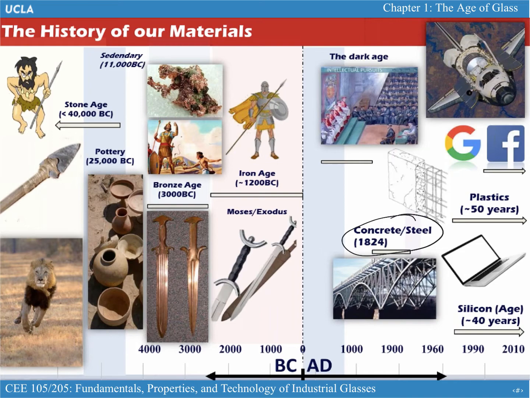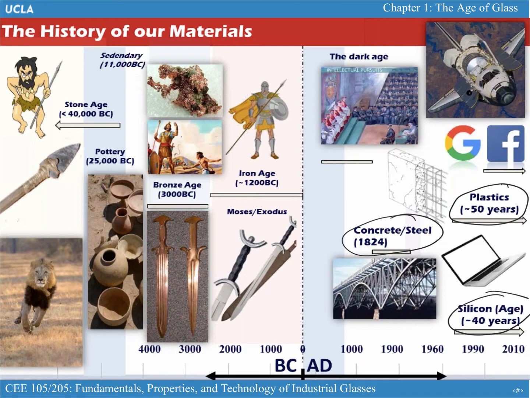More recently, the development of plastic has also changed the way we make products. And over the past decades, silicon and the ability to make chips that can be used for computers, smartphones, tablets, etc. is also a very new influential way in which materials can play a key role in changing our daily life.